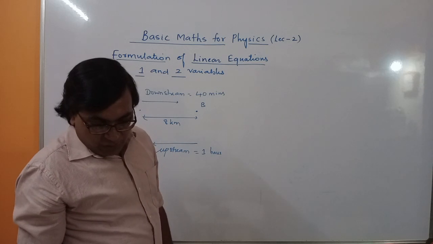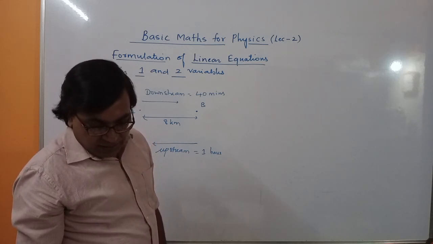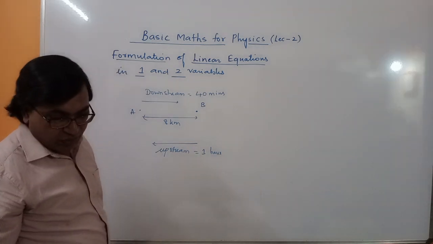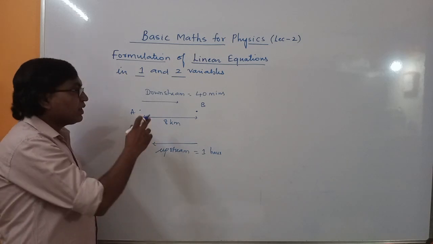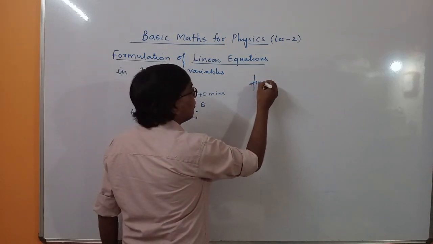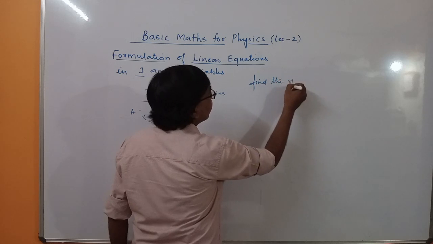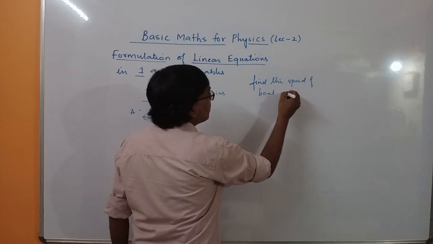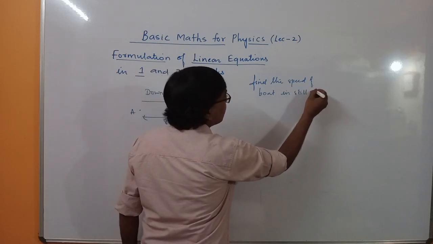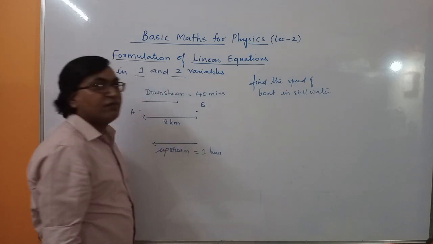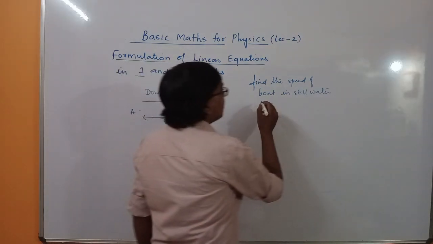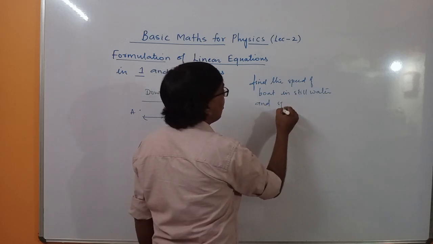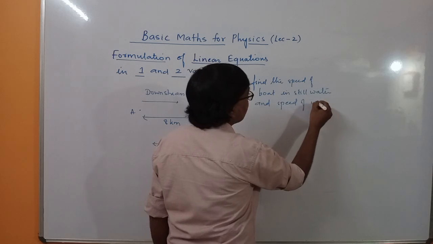A boat goes 8 kilometers downstream in 40 minutes and returns in 1 hour. Find the speed in still water and the speed of the water current. So find the speed of the boat in still water, which is also called the speed of the boat with respect to water, and the speed of the water current.